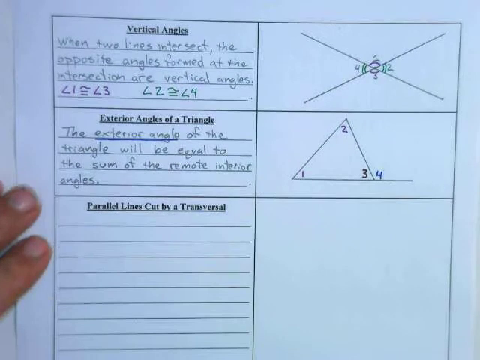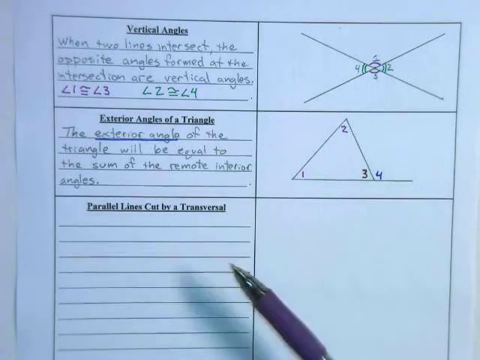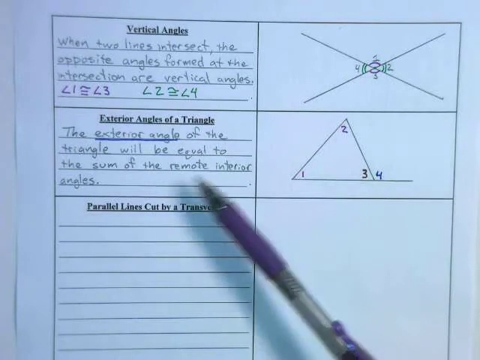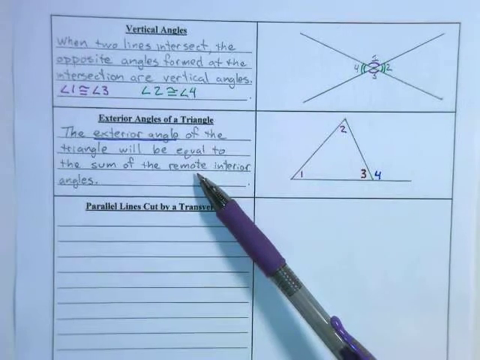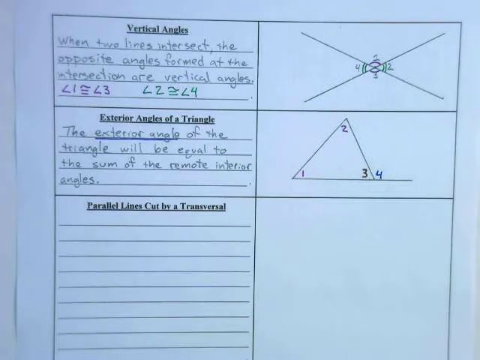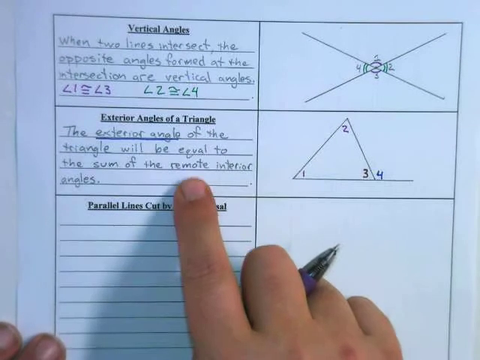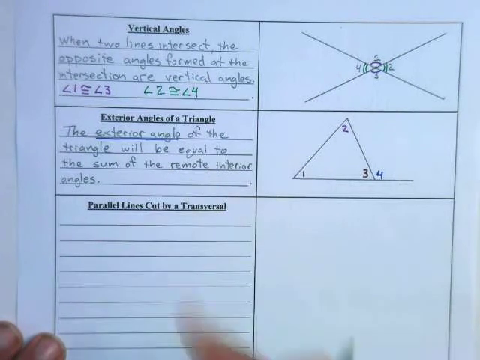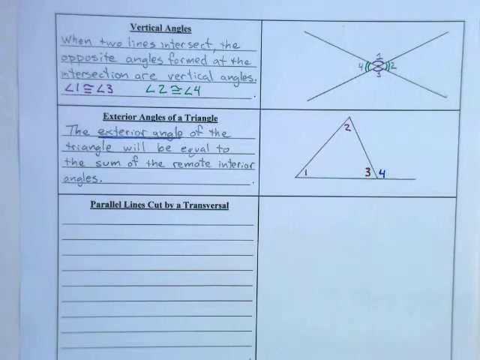So what are the remote interior angles? The easiest way that I've learned how to explain this is, for your TV, you have a remote control. Well, the remote control allows you to control the TV from a distance away from the TV. So that's why it's called remote, because it is a distance away from whatever you are relating it to.